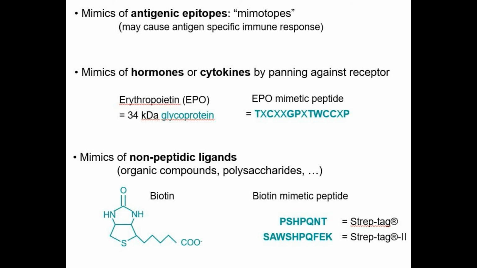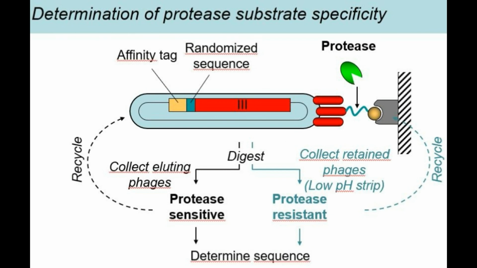We can also test the specificity of a particular enzyme by, for example, having our phage attached to a particular substrate and then sending a protease which might be able to either digest or not digest the given substrate. And if it is able to, then we are going to say that the phage is protease sensitive.